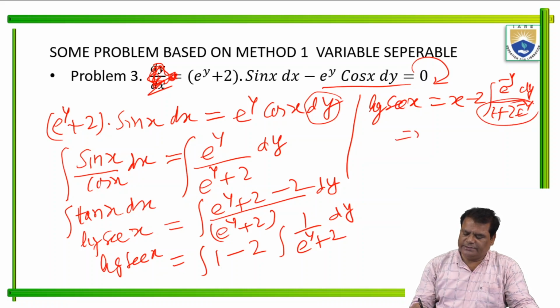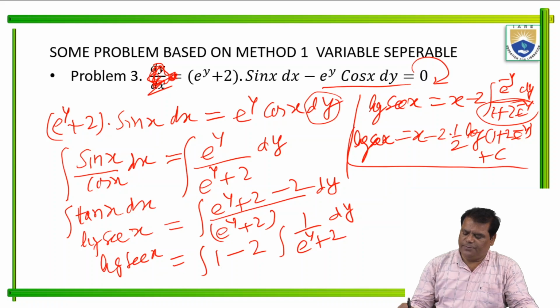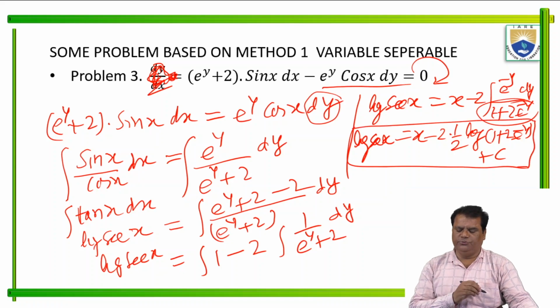So here is x and minus 2 into 1 upon 2 log of 1 plus 2 e to the power minus y plus c. This is log sec x. So this is the complete solution of this differential equation.